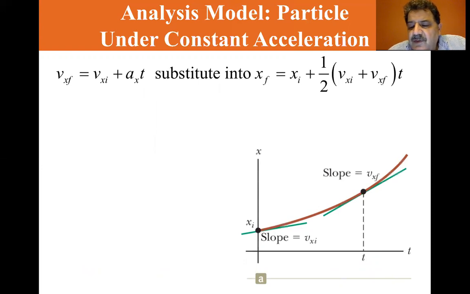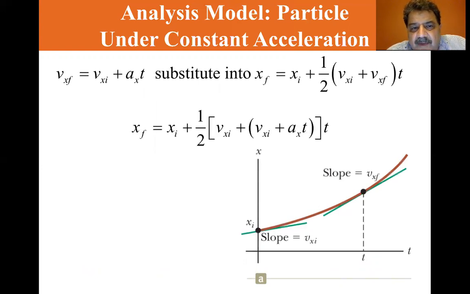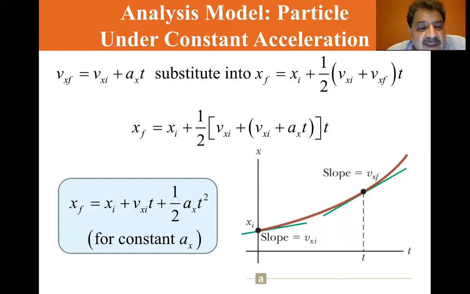If we substitute vxf equals vxi plus ax t to find the new equation, x final equals x initial plus 1/2 (vxi plus vxi plus at) times t. We have the equation for the final position of a particle at time t in terms of initial position, initial velocity, and constant acceleration. We get x final equals xi plus vxi t plus 1/2 ax t squared for constant acceleration.